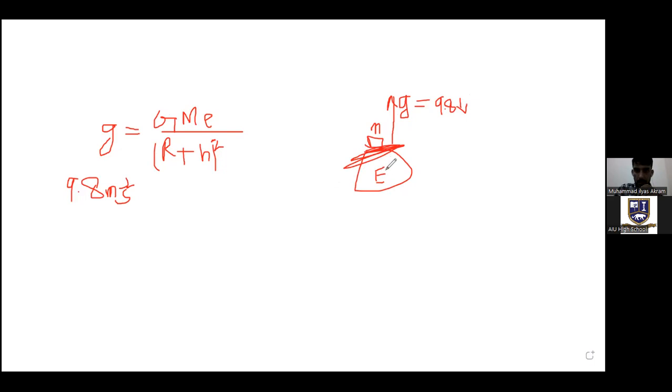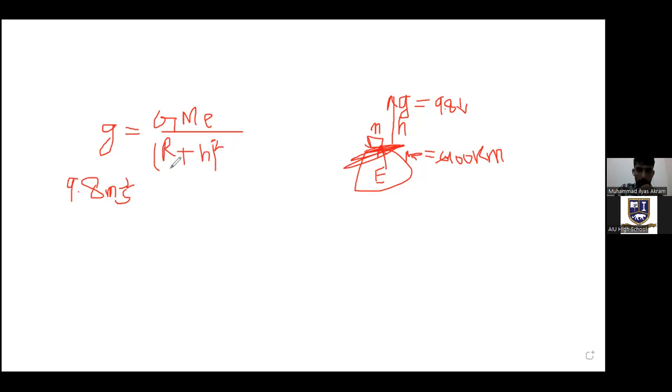The radius is from the center of Earth to the surface of Earth, and this radius is equal to 6400 kilometer, and h is the height of the object that this mass has traveled to some altitude, and that is (R plus h) whole square.